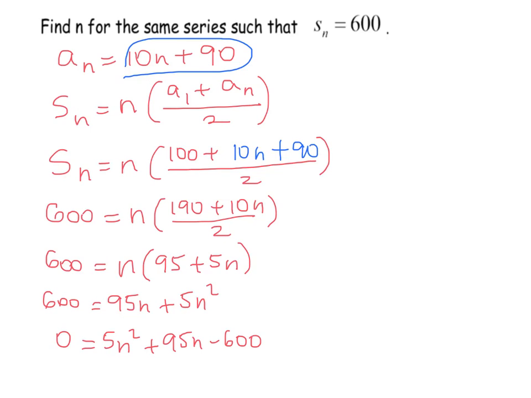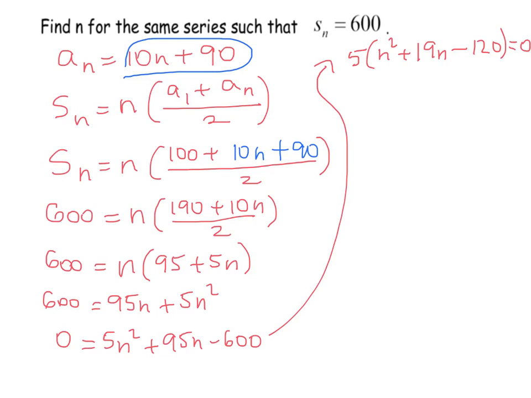5 is a common factor, so I'm going to go up here to continue. So I will have 5 times (n squared plus 19n minus 120) equals 0. And now if I factor it, I will use my diamond.